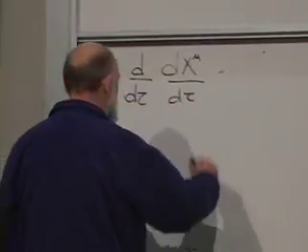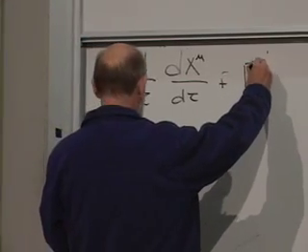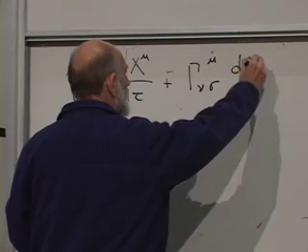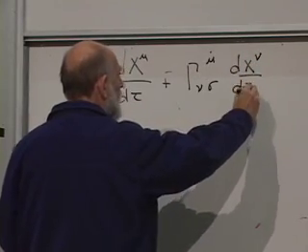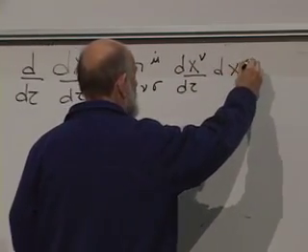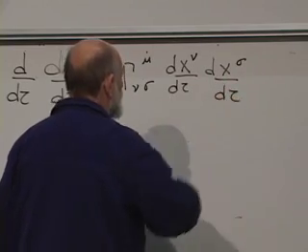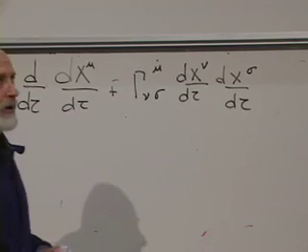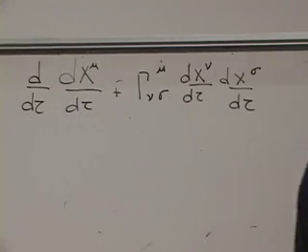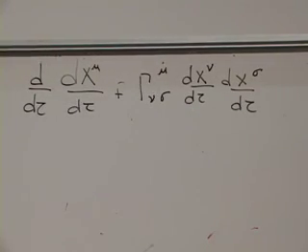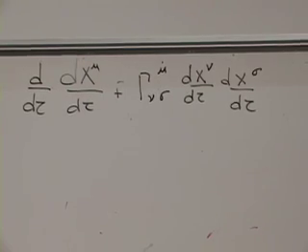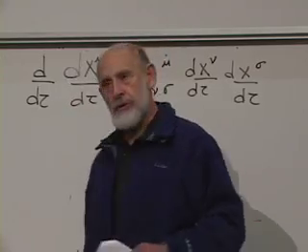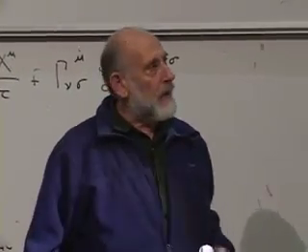And it's plus gamma^mu_{nu sigma} dx^nu/d tau dx^sigma/d tau. This tells us what the orbit of a particle is in space-time. It's a differential equation telling us, in terms of the Christoffel symbol, what the motion is.